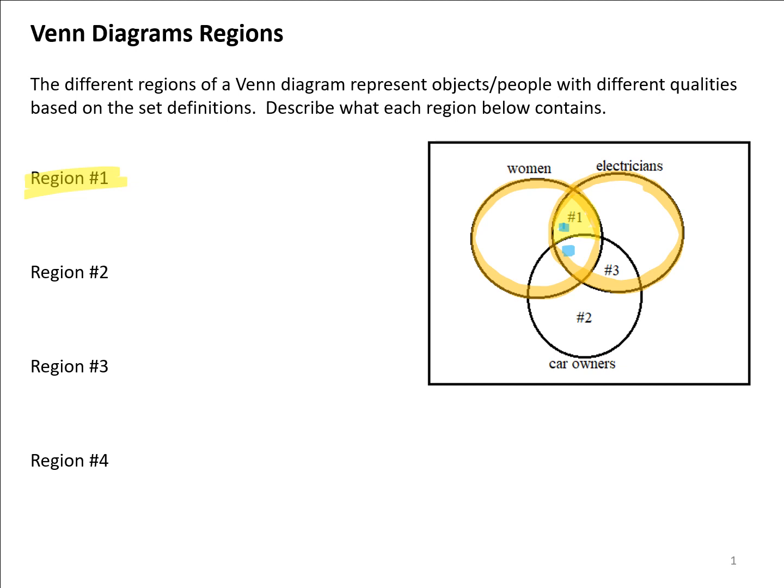So when we think about region 1, we're only thinking about where women and electricians overlap on their own, without overlapping with car owners. In describing this, region 1 would be representing those people who are both women and electricians, but not car owners.